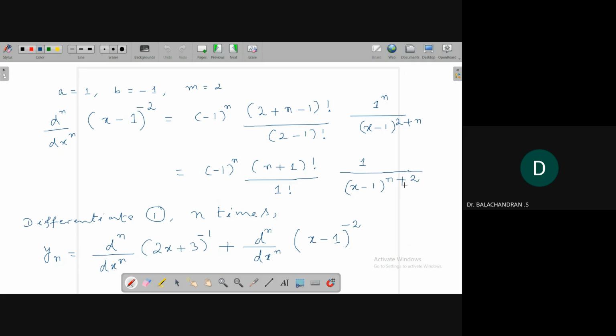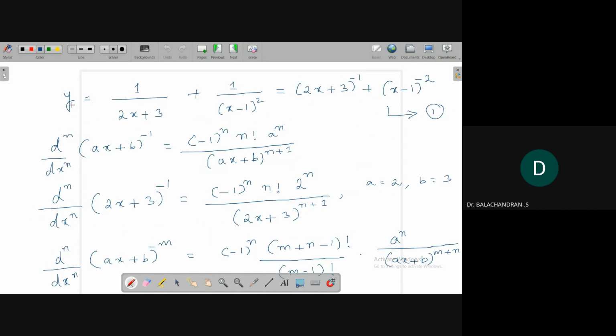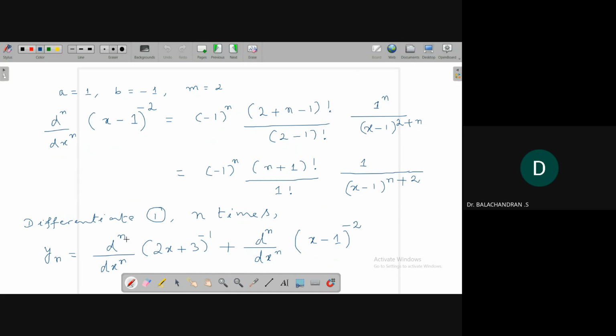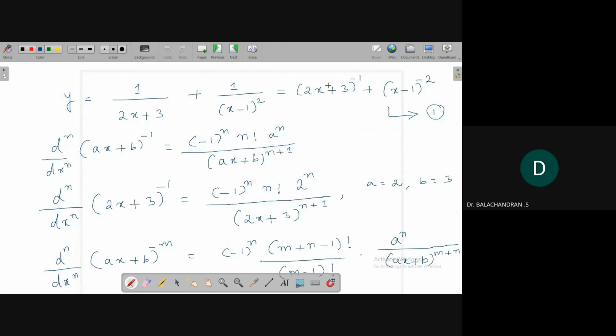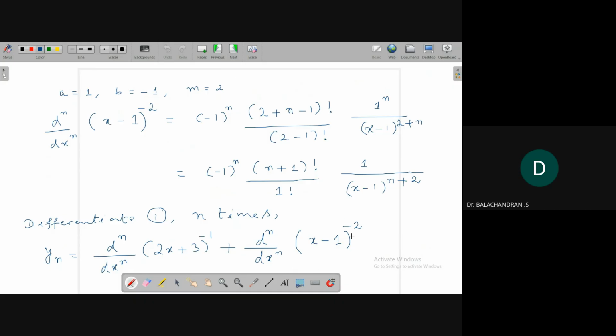Okay, so now differentiate equation 1 n times, both the left side as well as the right side. Then what will we get? Yn is equal to nth derivative of 2x plus 3 whole power minus 1, and the nth derivative of x minus 2 whole power minus 2.